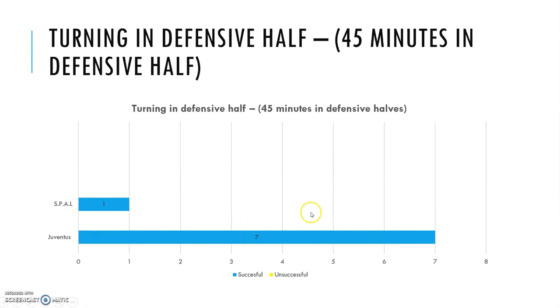Again, turning. Juventus did this quite a lot in their area. They made 7 compared to SPAL's 1. I noticed quite a lot in the video footage that they managed to do lots of turns just to keep the ball and pass it to a teammate, where the other team only did this once.